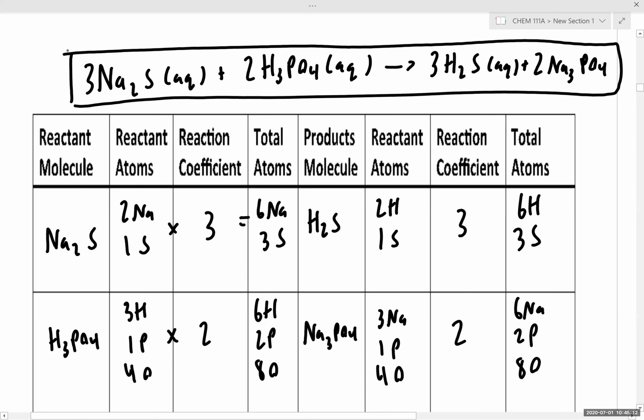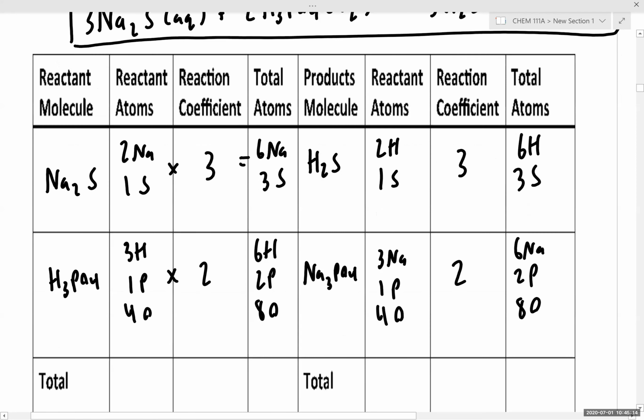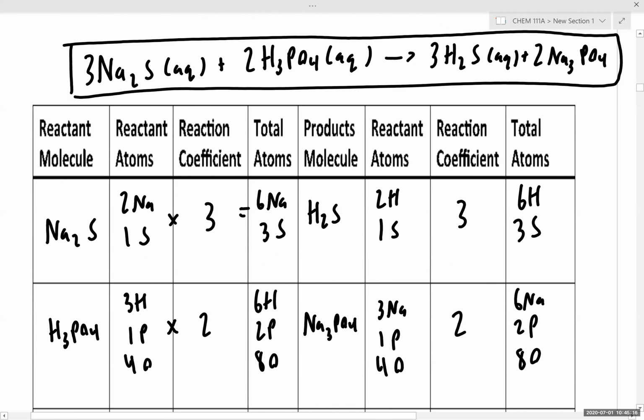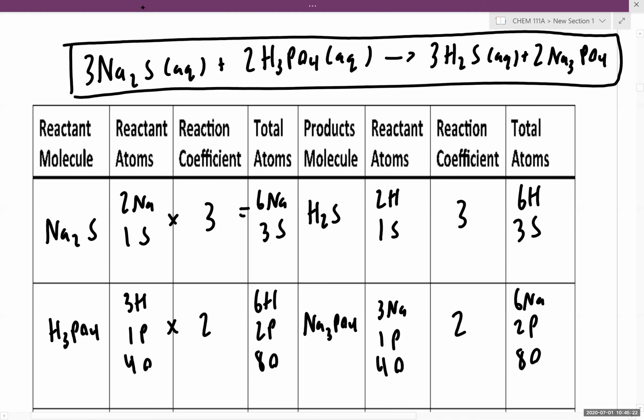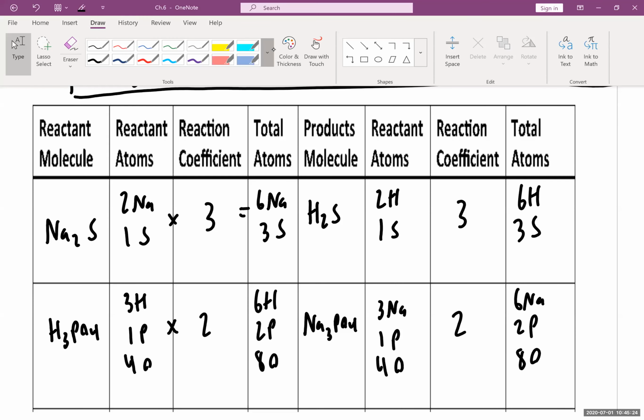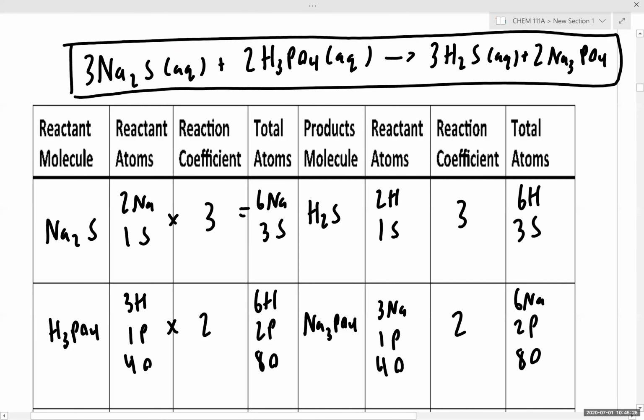The one thing I like about the table method is that it makes the calculations a little bit more straightforward. And just as a summary, once again, a trick for balancing these types of exchange reactions where we have different numbers of atoms of each element on each side: you look at the number of atoms of each element.